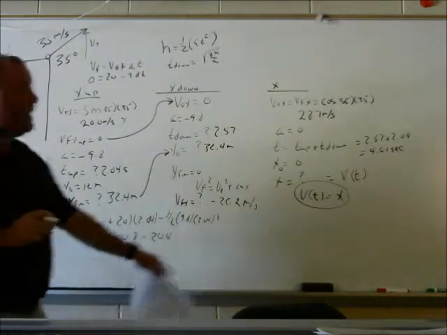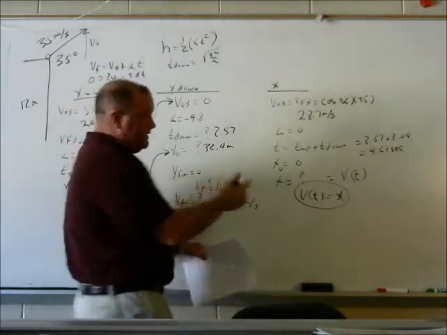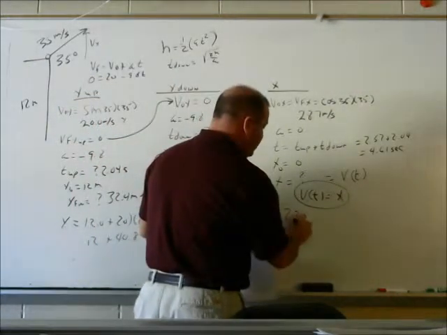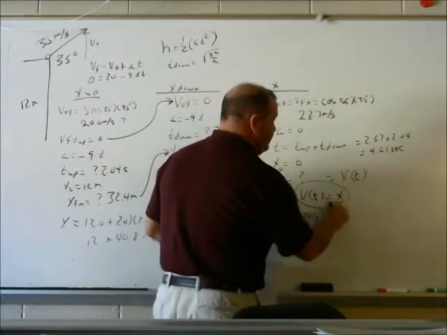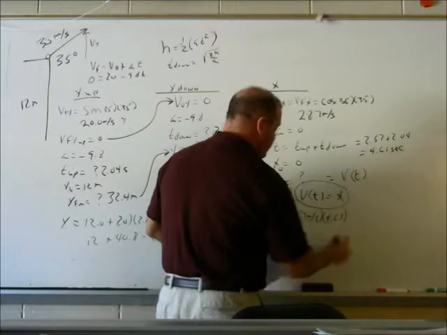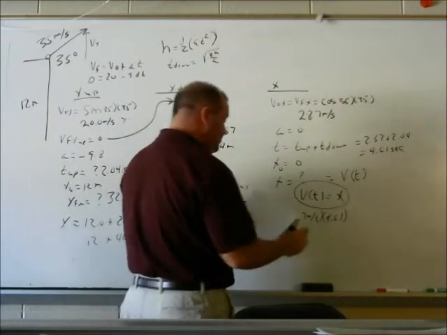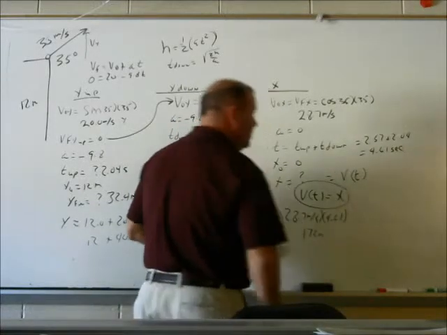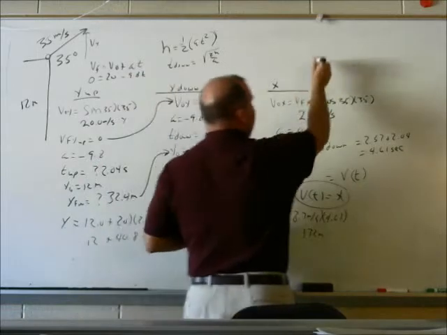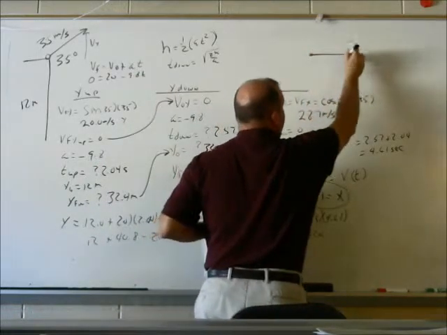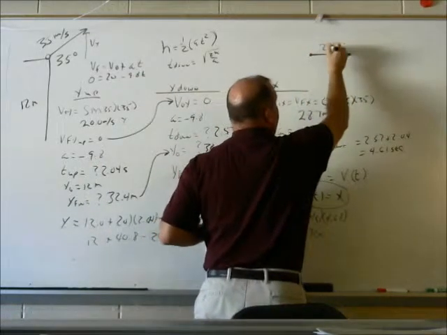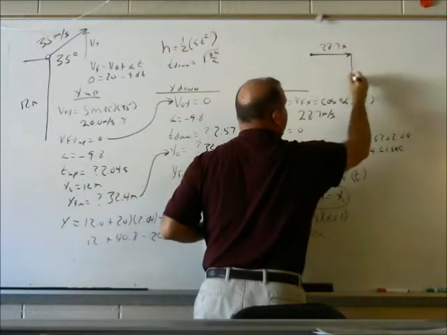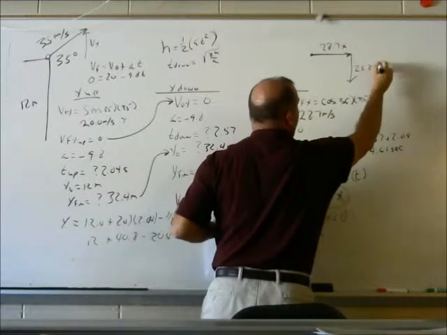To see how far out it's going to go, I take my velocity, 28.7, times my total time, 4.61, and that gives me a total distance of 132 meters. When it lands, the ball is going 28.7 in x and 25.2 in y.